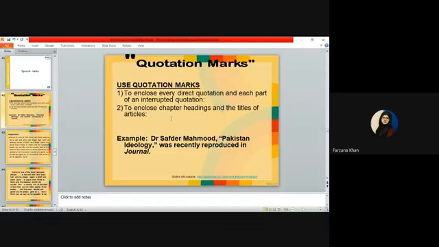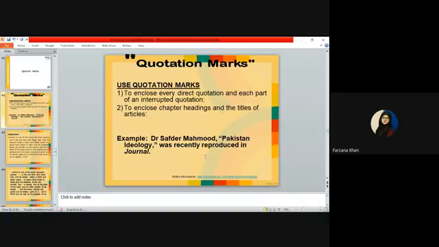Here you can see in the example, Dr. Safdar Mahmood, "Pakistan Ideology". Pakistan Ideology is the name of the article of Dr. Safdar Mahmood, right? It was recently reproduced in the journal.